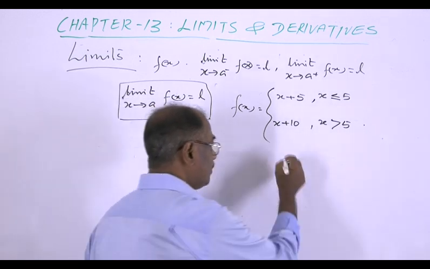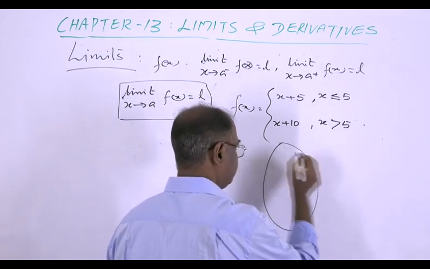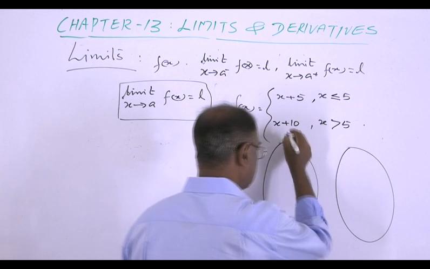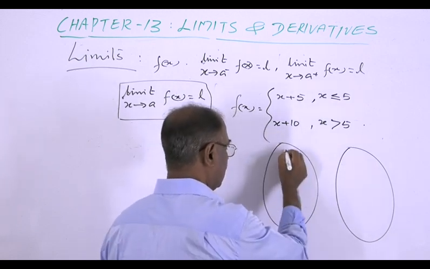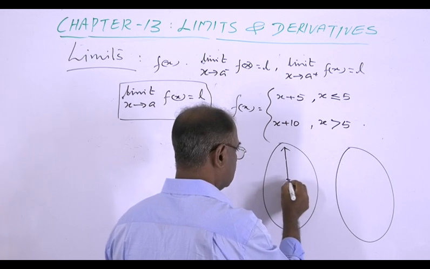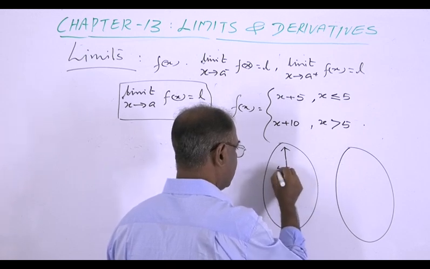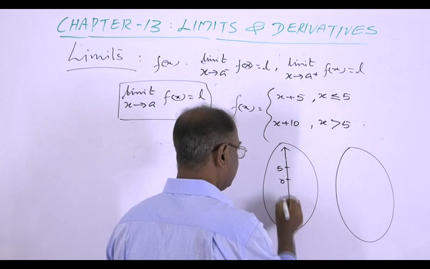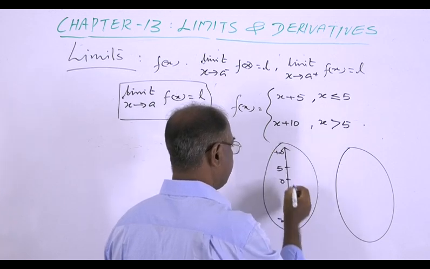Diagrammatically, we may denote this as follows. This is the set of all real numbers, the number line, so 0, this is 5, minus infinity, plus infinity.